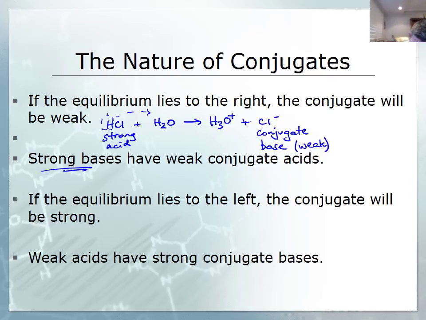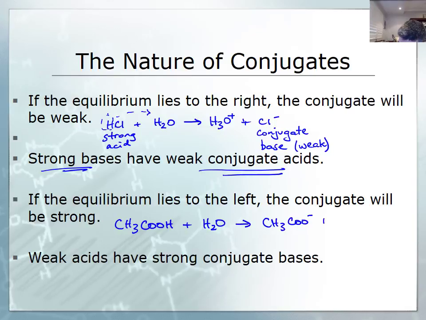Strong bases, likewise, have weak conjugate acids, and this is one of the things that we look at when we're looking at our conjugate pairs. Likewise, if the equilibrium lies to the left, the conjugate will be strong. We've also looked at acetic acid, and when that combines with water, it will form the acetate ion, CH3COO-, and the hydronium ion again.